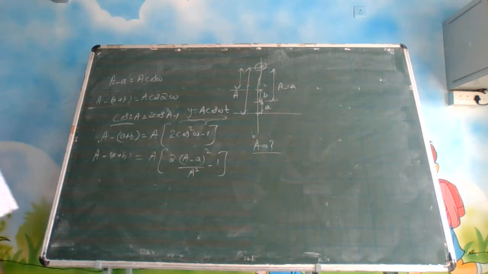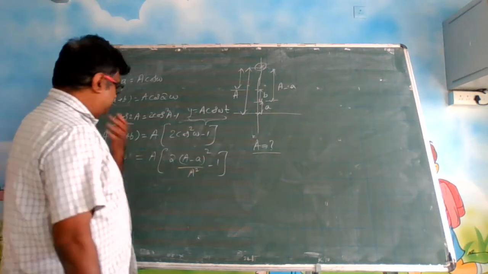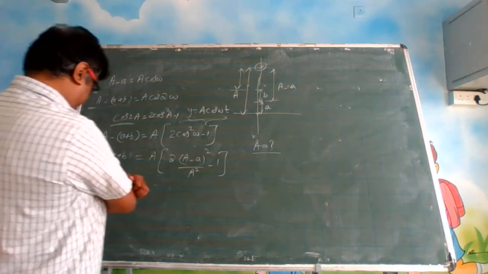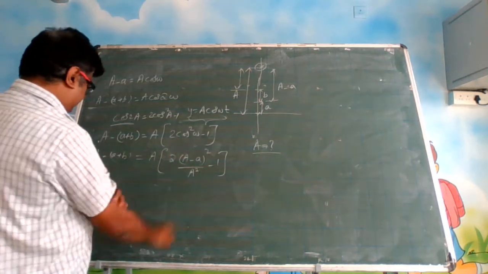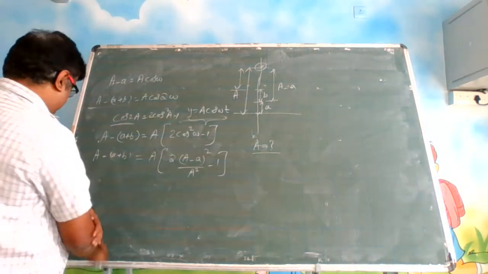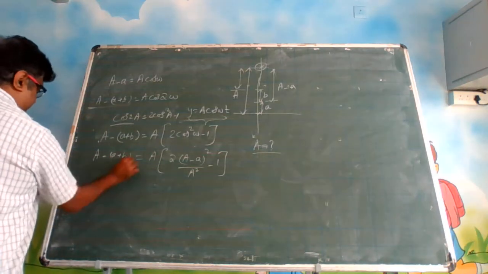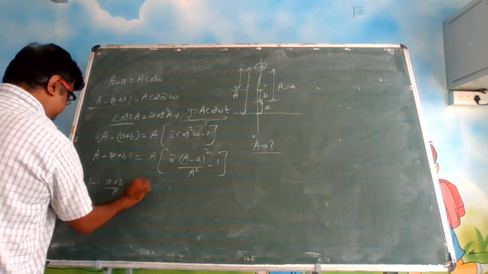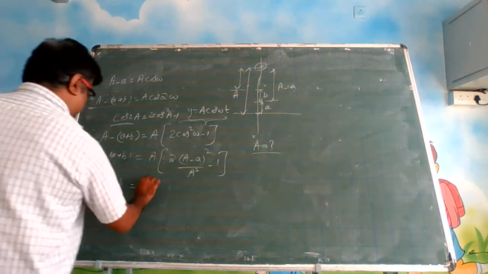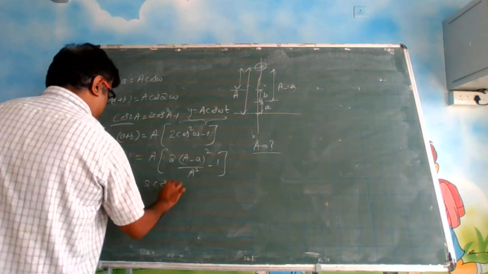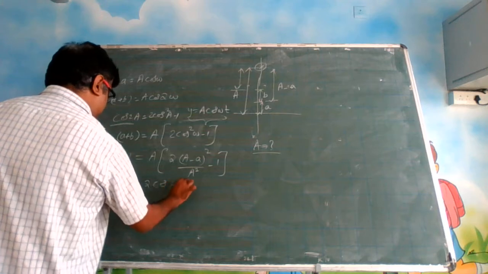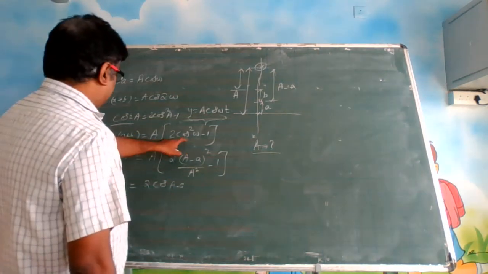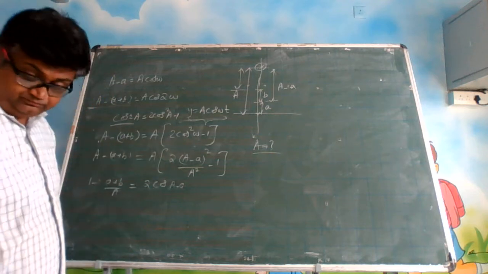Now how to calculate? Can we cross multiply and see? This will go into the denominator. Let us do one thing. Dividing both sides by A. Okay. So dividing this by A means 1 minus a plus b by A is equal to 2 cos omega.